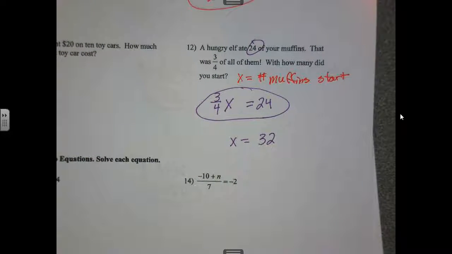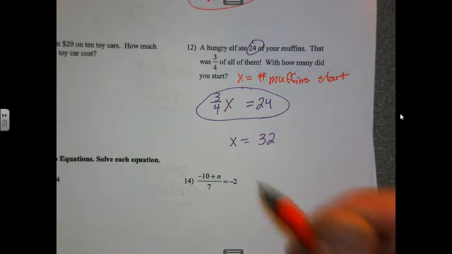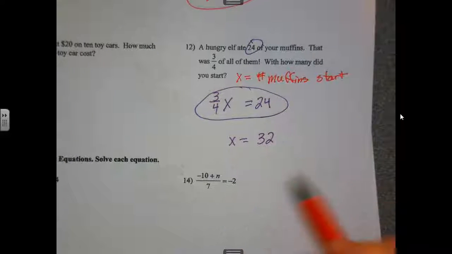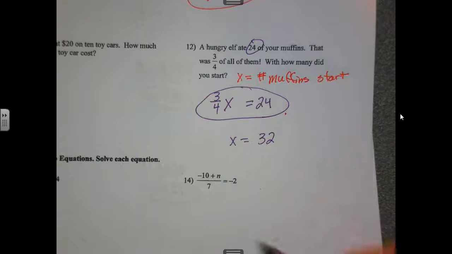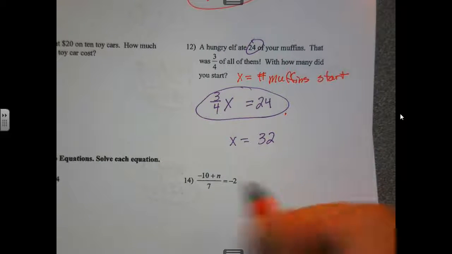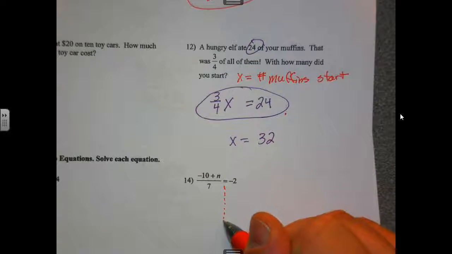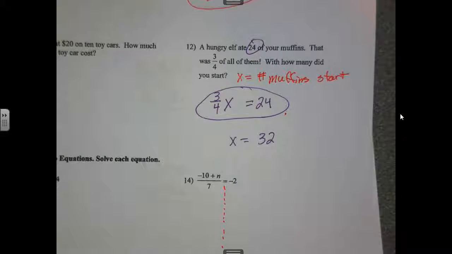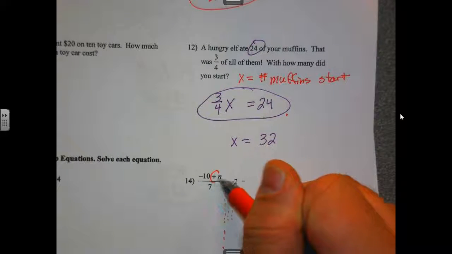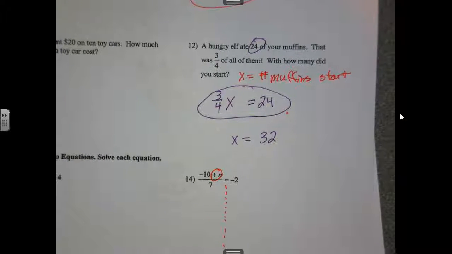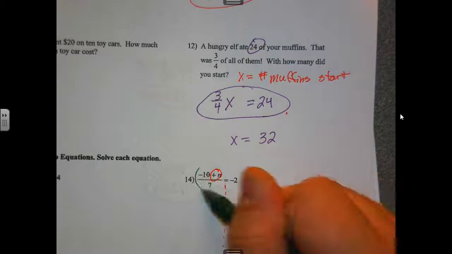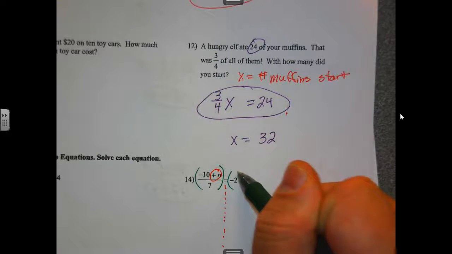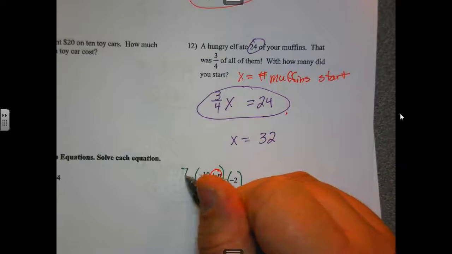Okay, number 14. Two-step, you don't have to. I'm looking for the algebraic equation. Number 14. Now we're into two-step equations. My variable is locked in here in the numerator. So I need to get rid of my denominator, not subtract, multiply by 7.